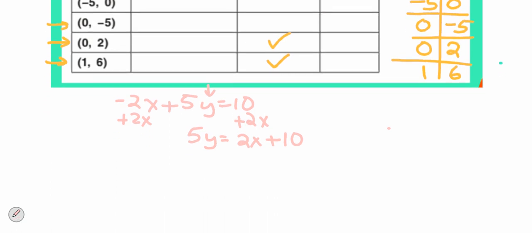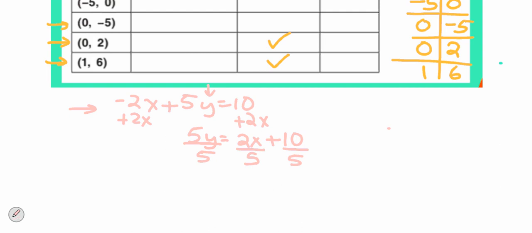I want to get rid of this 5, so I'm going to divide this term by 5 and this term by 5. See how in the first step we added 2x just one time to both sides. When we're adding or subtracting, we just do it once on both sides.